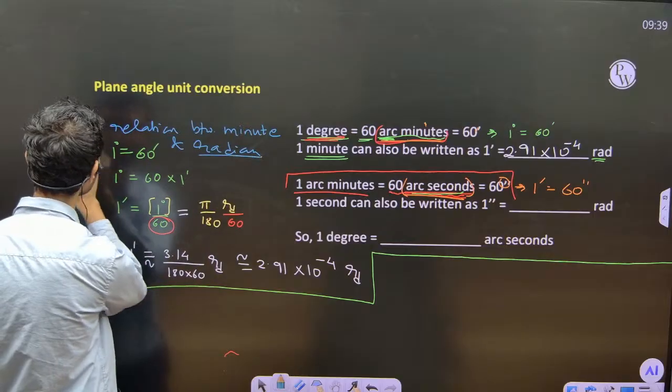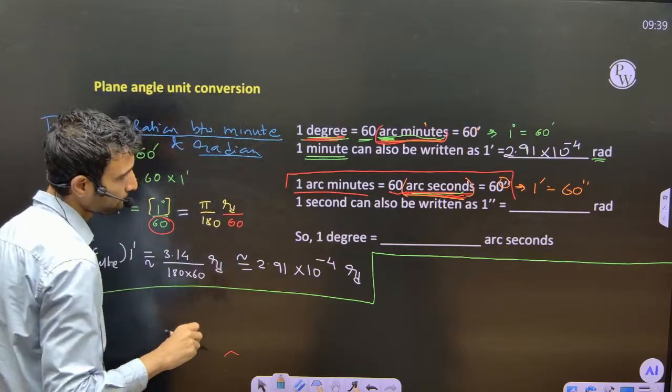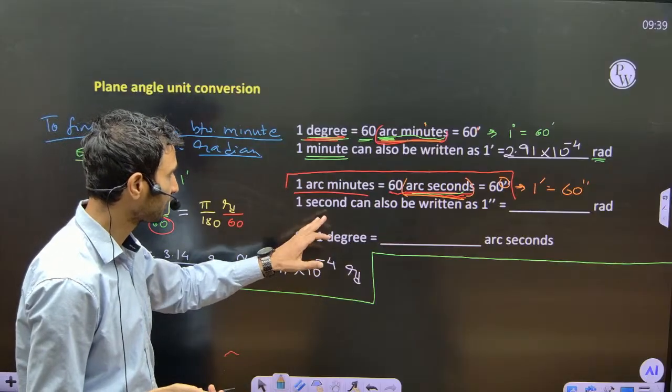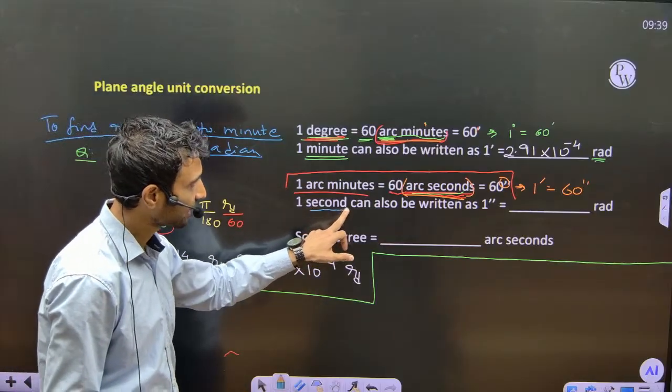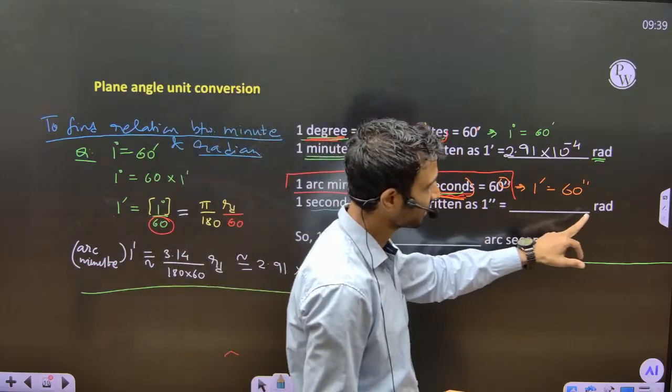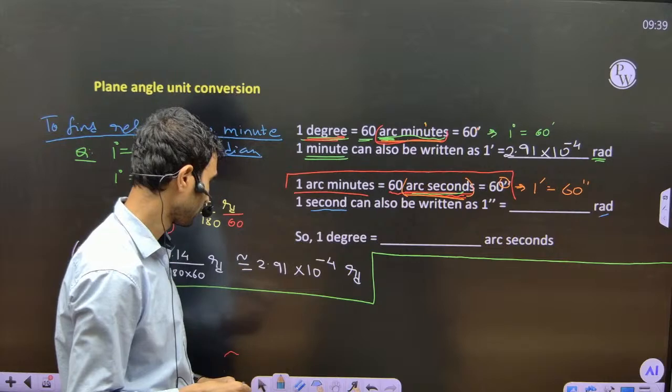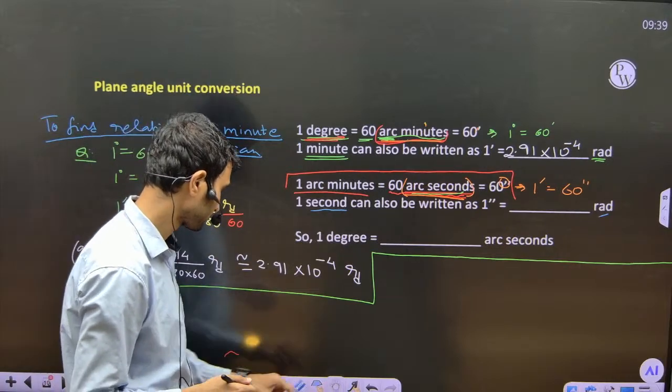Which we successfully did. And now the next objective will be to find the relation between second and radian, right? Second and radian, that's going to be our secondary objective. So let's do that also.